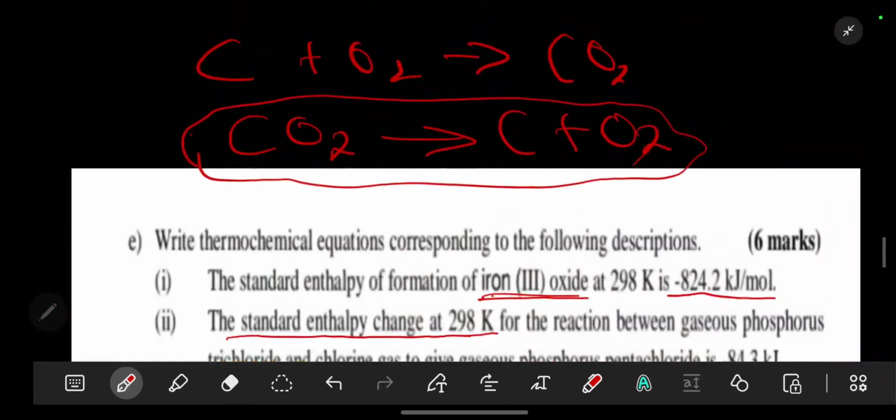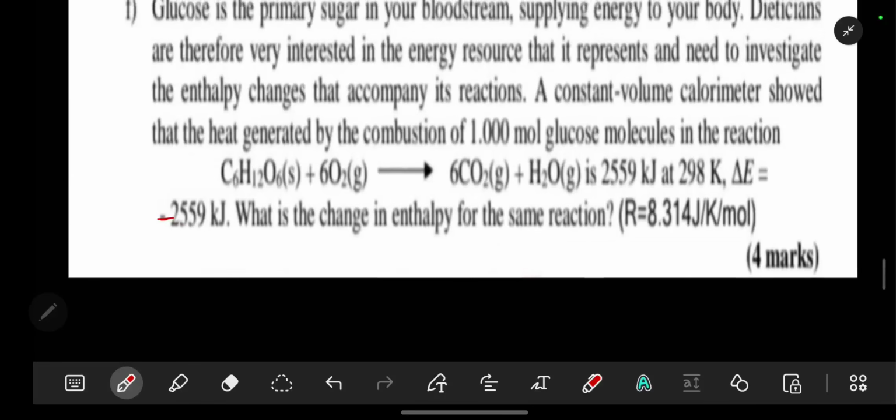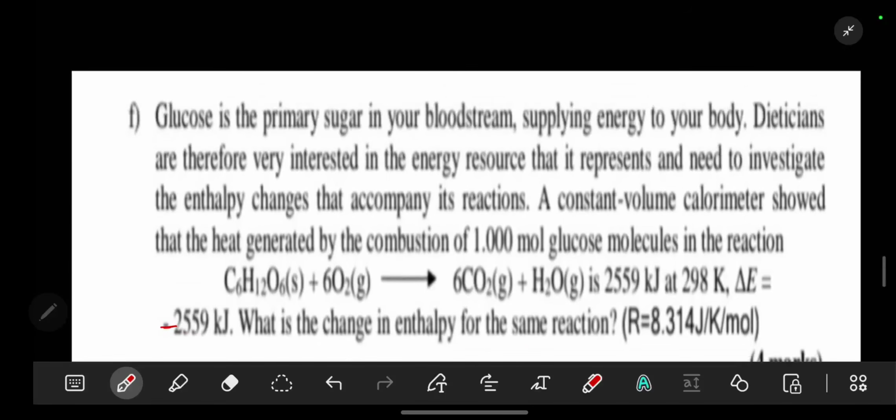Let's look at our final question, which is this one. Similar to the other questions involving work and internal energy, glucose is the primary sugar in your bloodstream, supplying energy to your body.